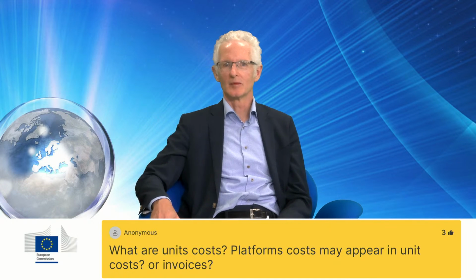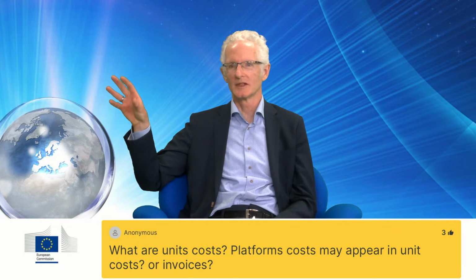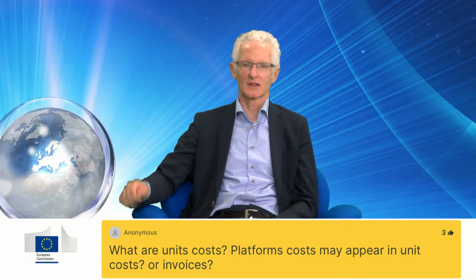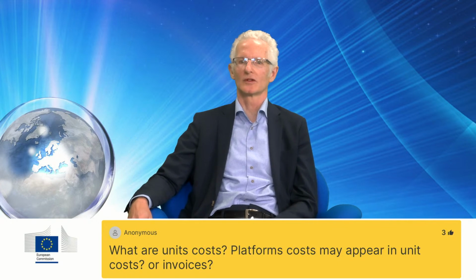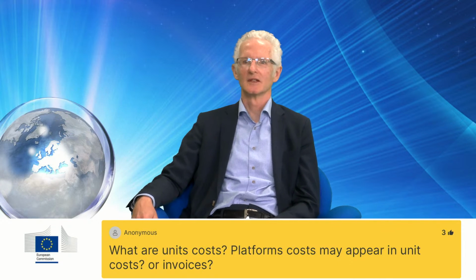So you have a predefined cost per unit, and then you just have to justify within your grant the number of units used, because the predefined cost per unit is already there.